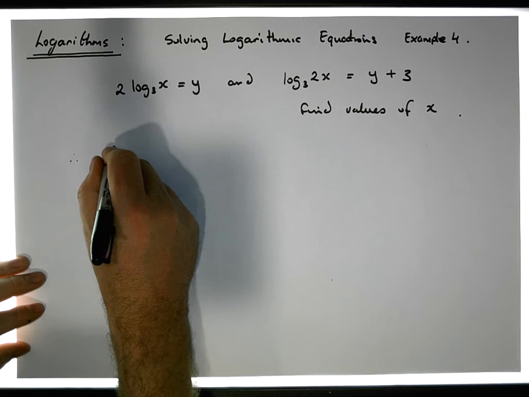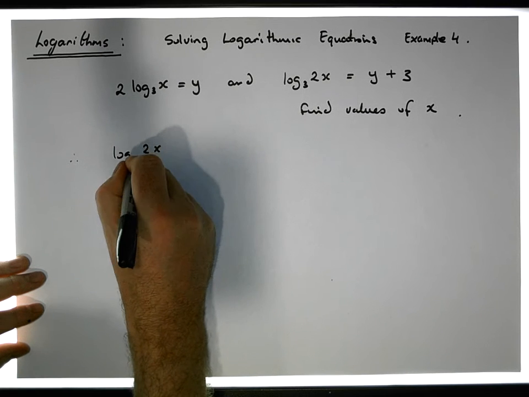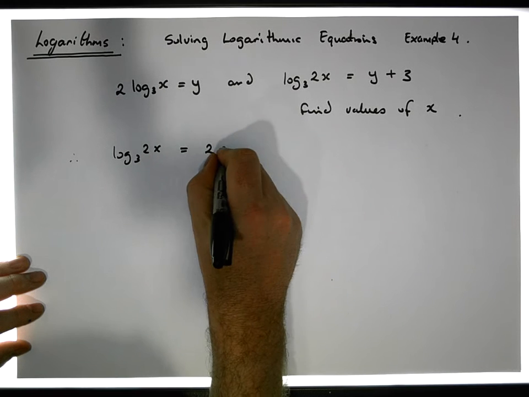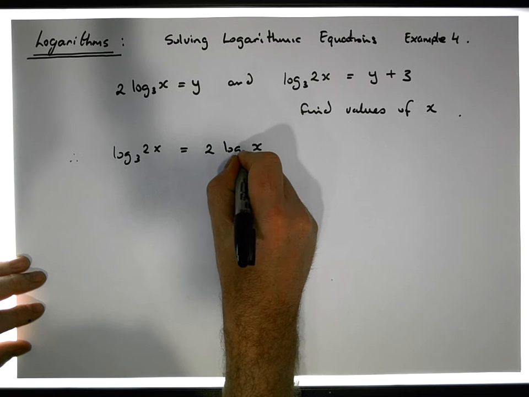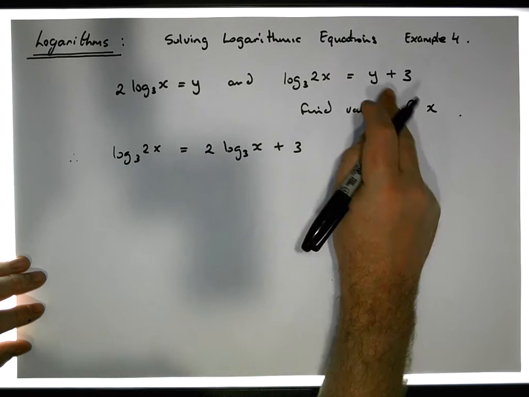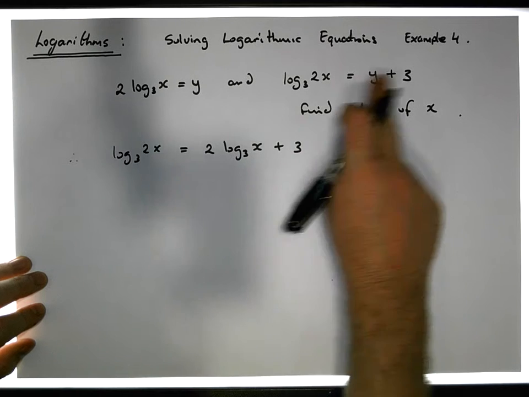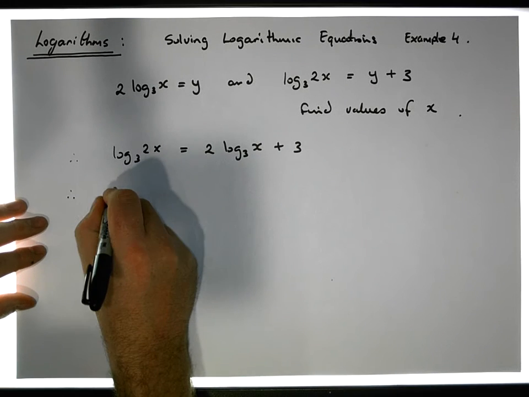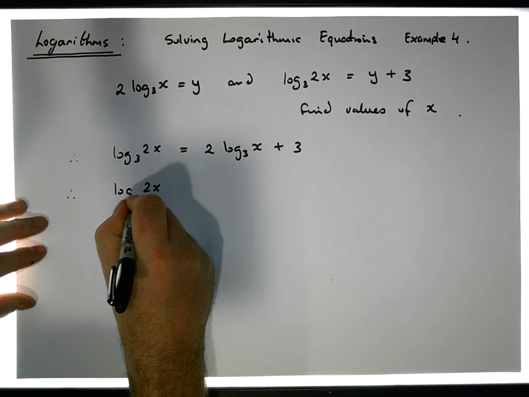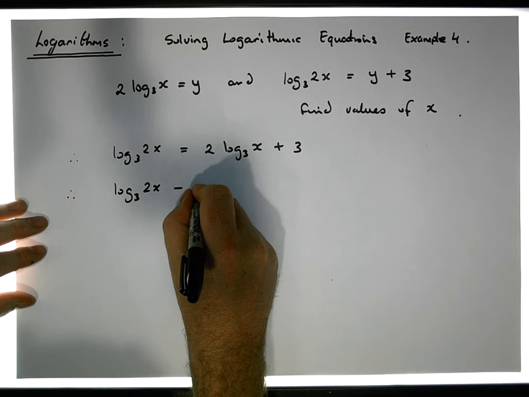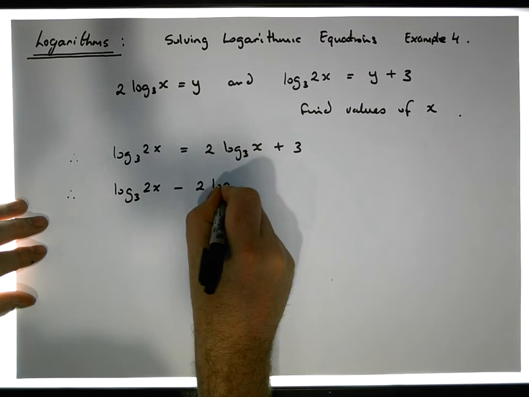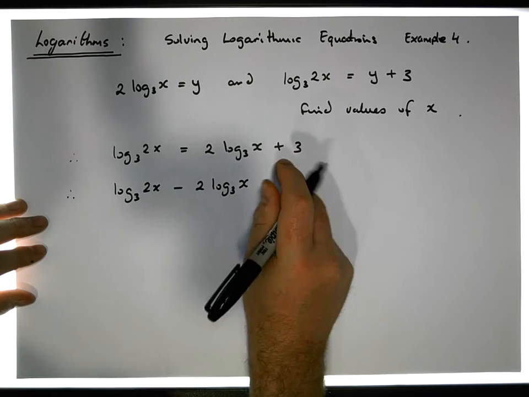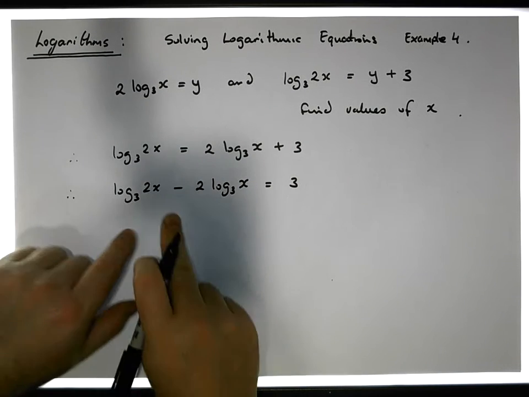Therefore we must have that log of 2x to the base 3 must be equal to y, which is 2 times log of x to the base 3, plus 3. Just substituting in this fact. What does this give us? Log of 2x to the base 3 minus twice log of x to the base 3 must be equal to 3.